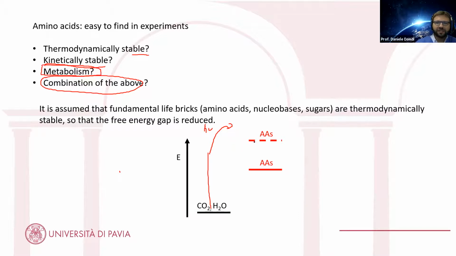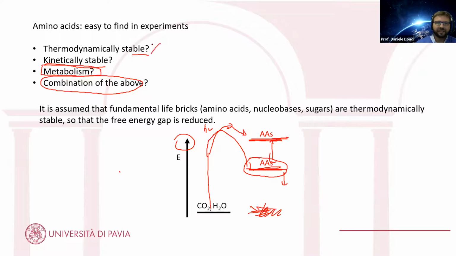And so imagine that if the amino acids are at this level of energy, see the energy here, you have a smaller increase of energy, but if the amino acids are there, maybe you produce more energy. So this gap is all free energy that you get. So the more this is stabilized, the more energy you will get. But maybe if you are too stabilized, they are so simple, they are useless. But in any case, you need to stabilize.